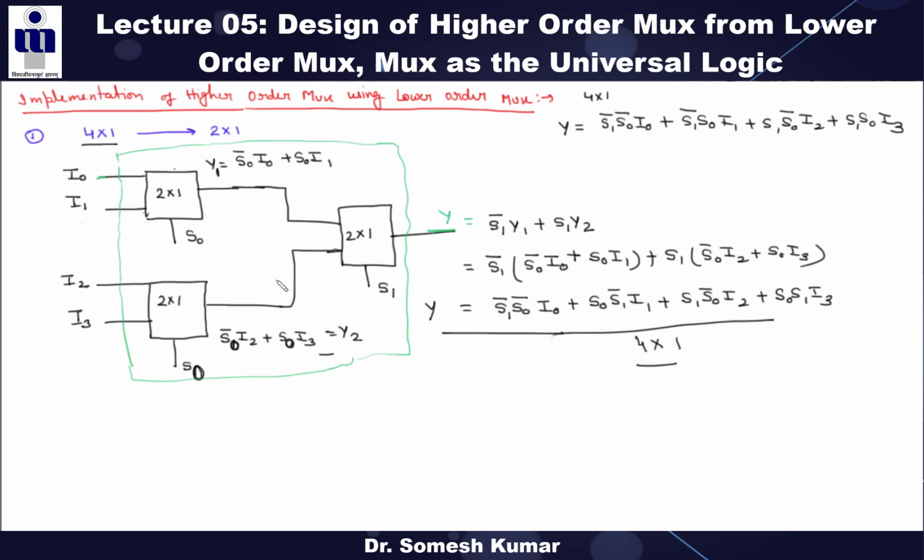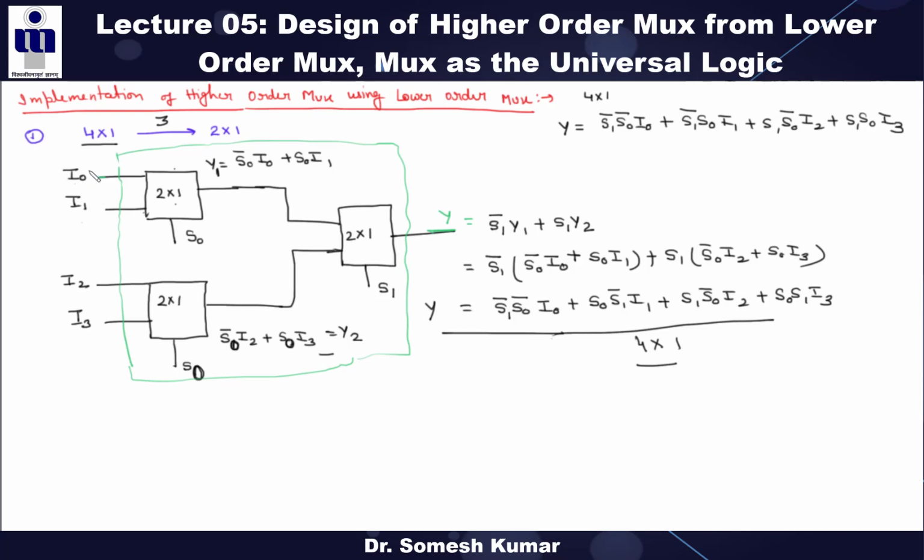Now the question is, how many 2:1 mux are required to implement this? From here it is clearly seen that three 2:1 mux are required: 1, 2, 3. Now the question is, if this question is asked in an objective type examination, how can you find the number of lower order mux?